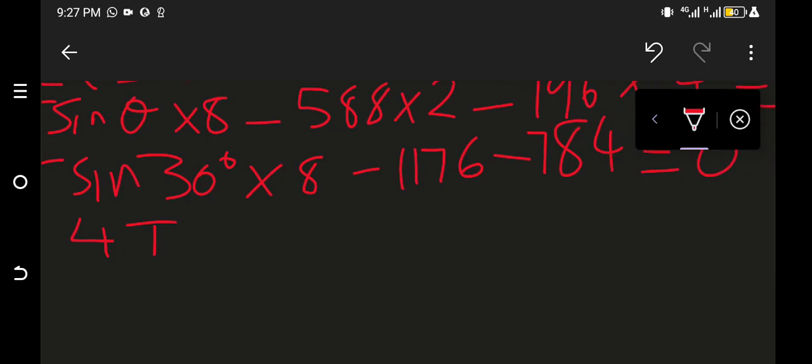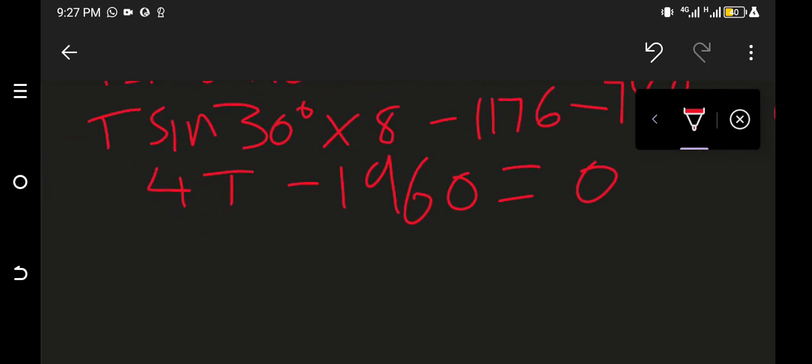And we can simplify there: negative 1176 minus 784, we have negative 1960 equals 0. So we can take the number to that side and remain with 1960.